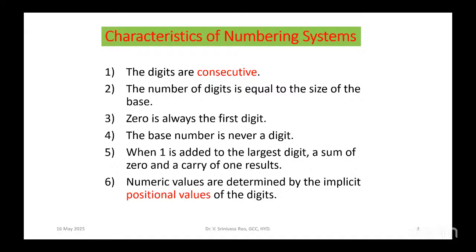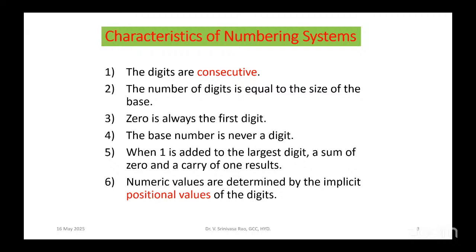Next, whenever you add 1 to the largest digit, the sum of 0 as well as a carry is going to be generated. While adding to the largest digit, you get the sum as well as the carry. Underline this: sum and carry, S and C.